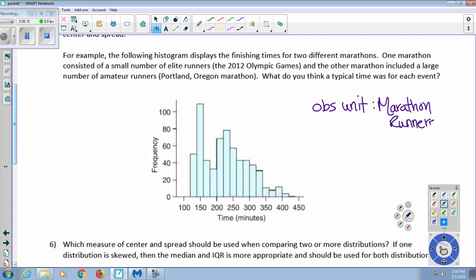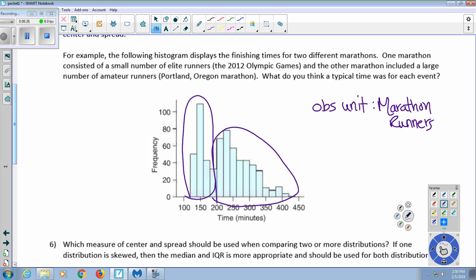And if we look at this, we're sort of seeing maybe two different distributions combined. It looks like we've got one here and then a second one here.